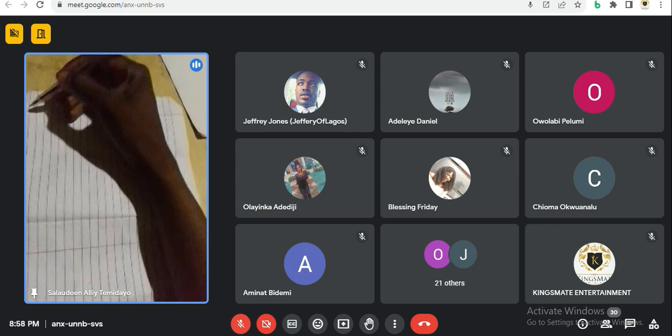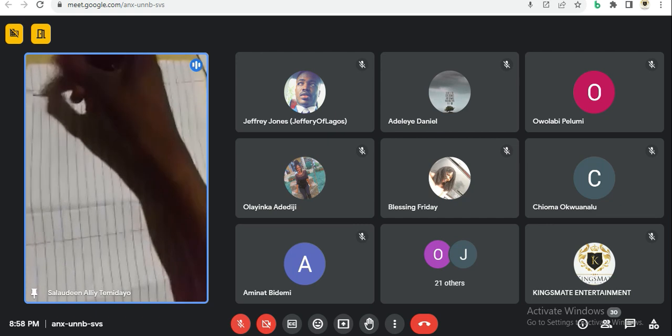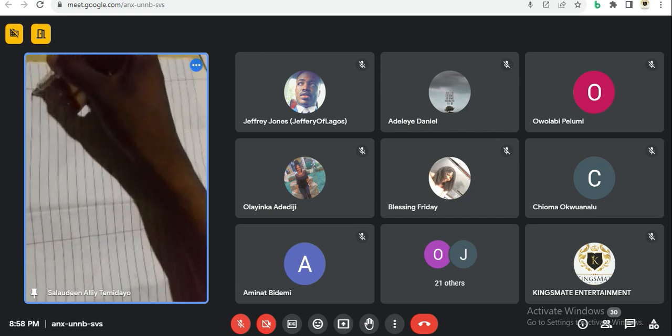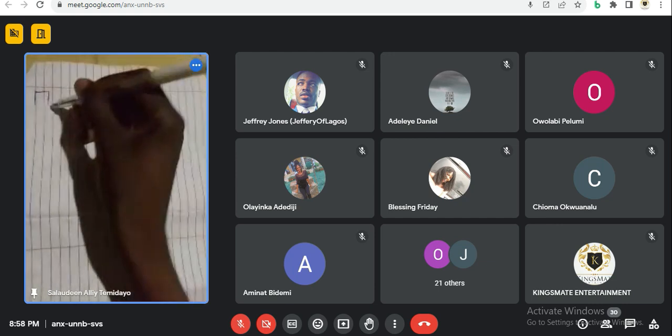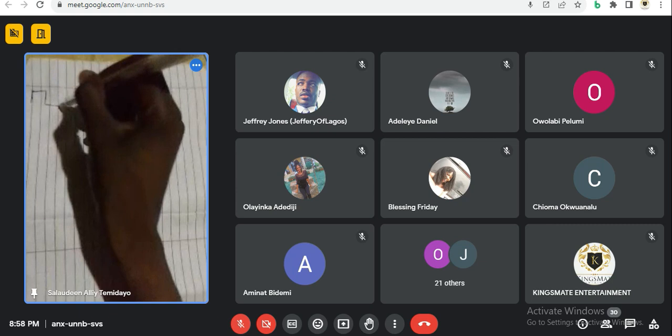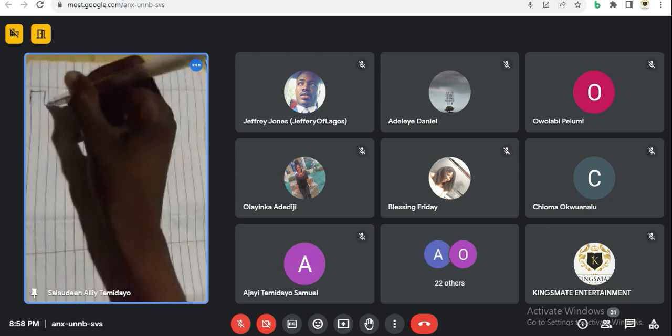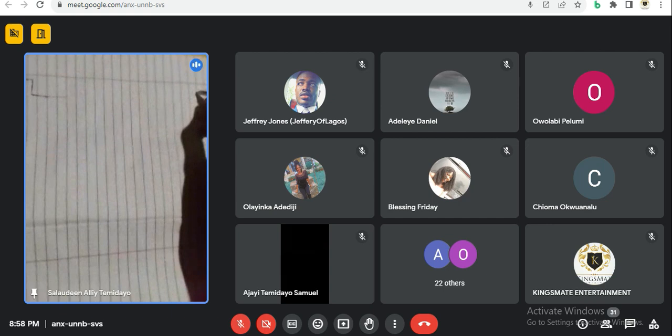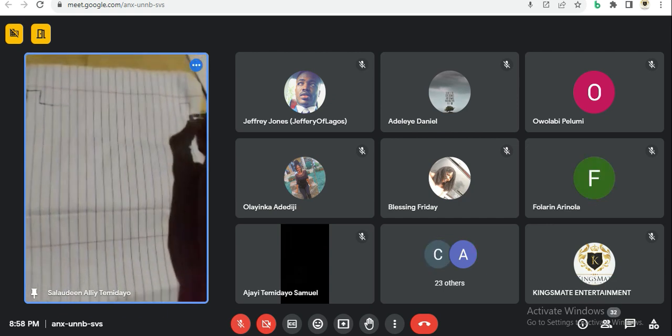I have the first element here, which is hydrogen. Then I have its second one here, helium.